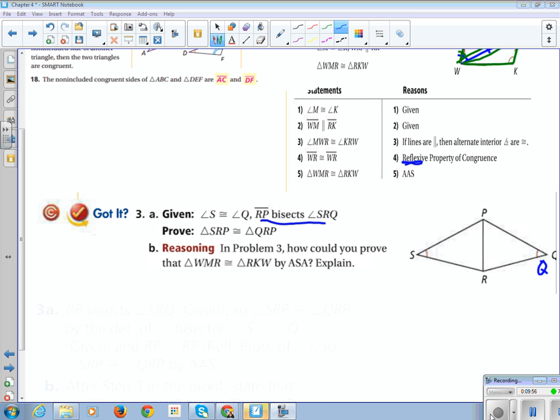Since PR bisects the SRQ, the angles on either side of the bisecting line are going to be congruent. So we're going to say angle SRP is going to be congruent to angle PRQ. And what's our reason?